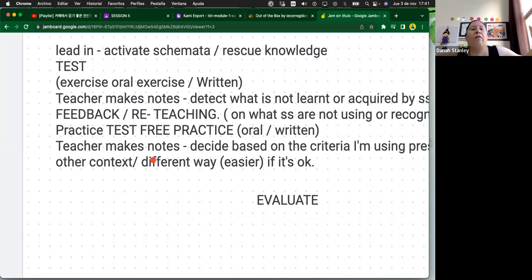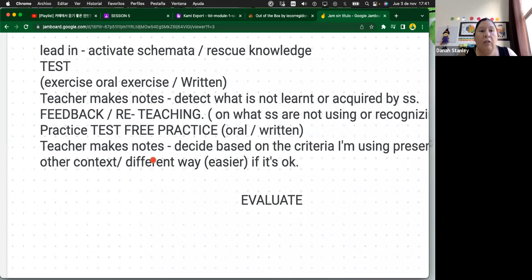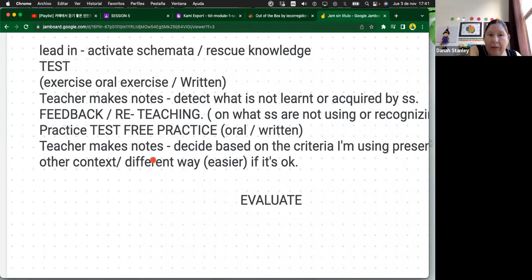Probably I make a revision of the formula, or I decide to teach by using other examples and a different context. So probably by changing that it is going to be easier for my students to understand. Then I check, I give them a task.